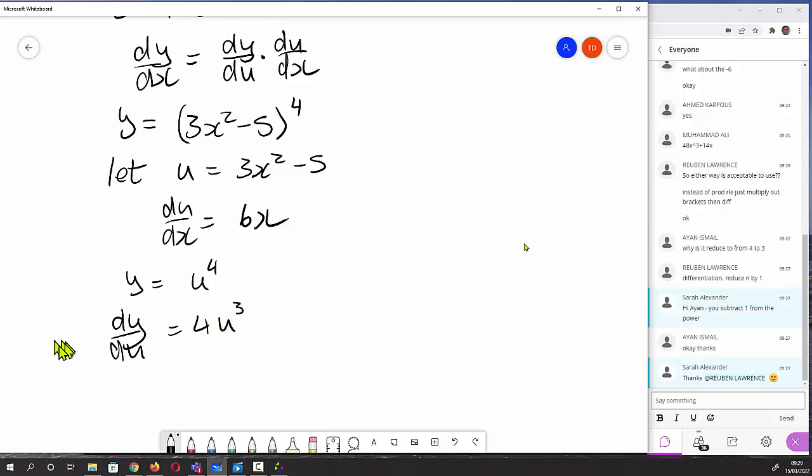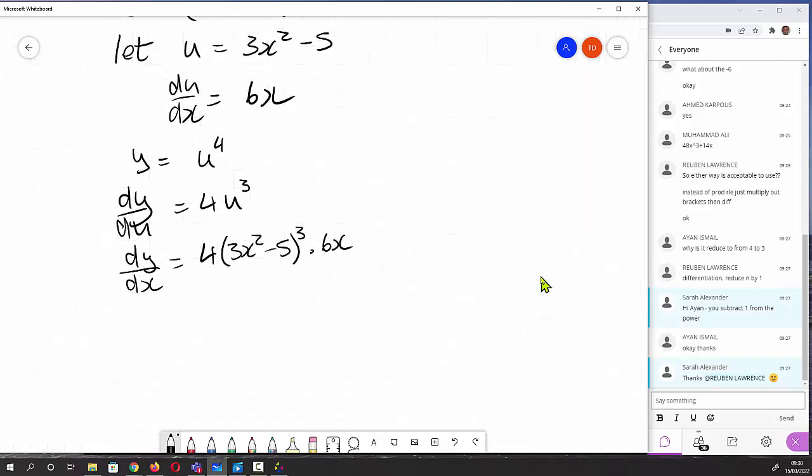Okay, so therefore dy by dx is equal to 4u cubed, so I'm just going to put u in here, so it's 4 brackets 3x squared minus 5 cubed times du by dx, which is this 6x that I've got here, 6x, like that.